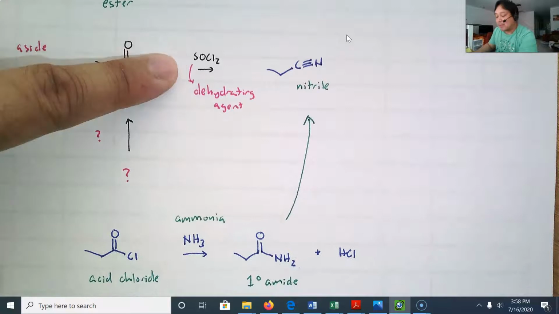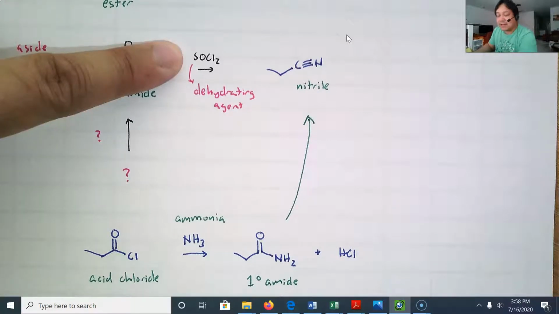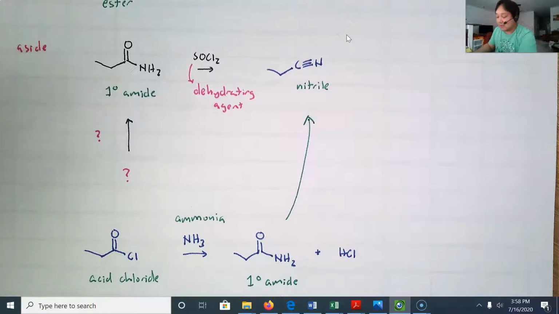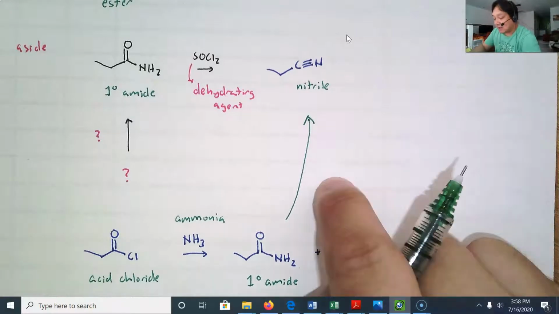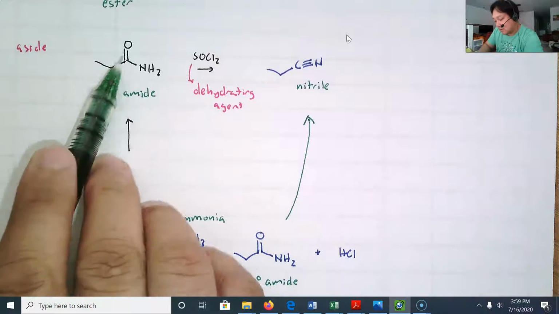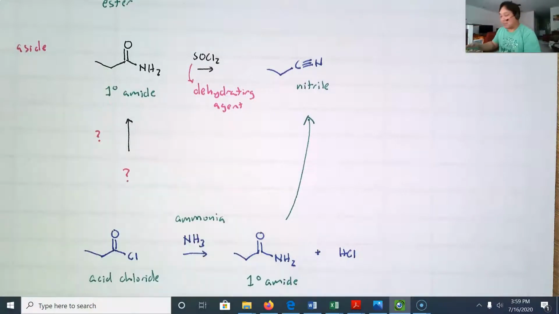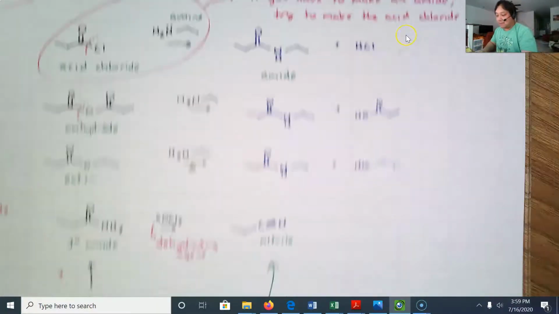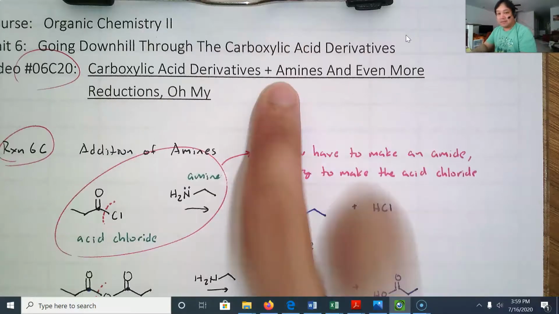Okay, we've seen this before, but that was to put a Cl in replacement for an OH. Not in this case. Okay, we're going to do a dehydration. Yep, dehydration. Okay, that is it for the addition of amines.